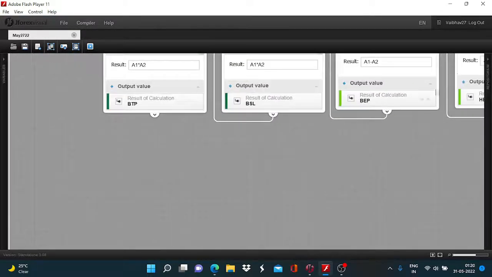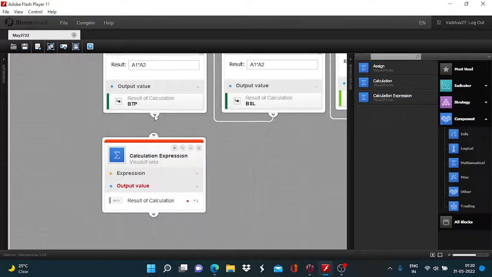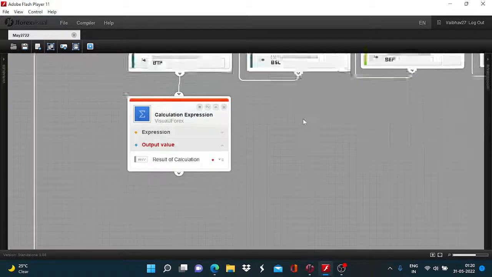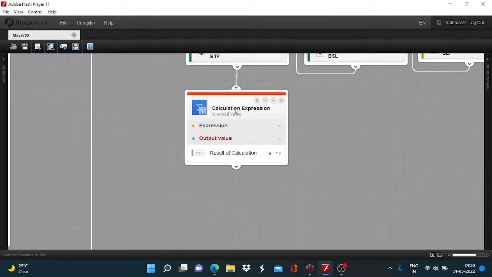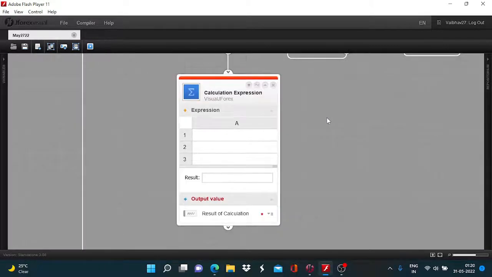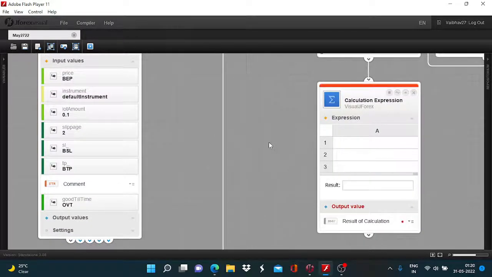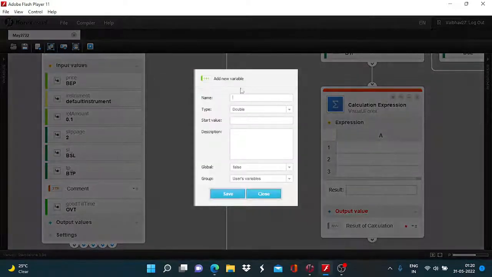So for that, I need one more of the calculation expression block. So I will take the calculation expression and get new variable defined as OV with the start value of 3.6 million.